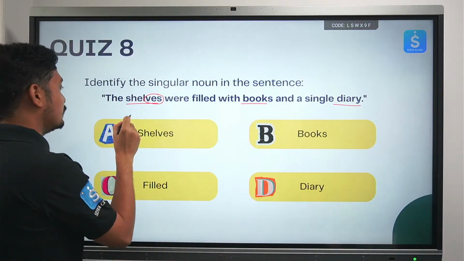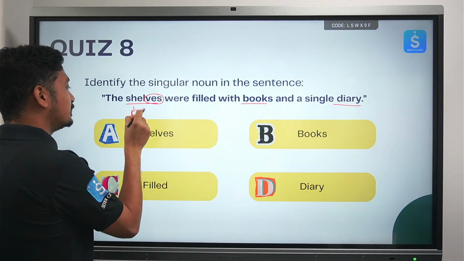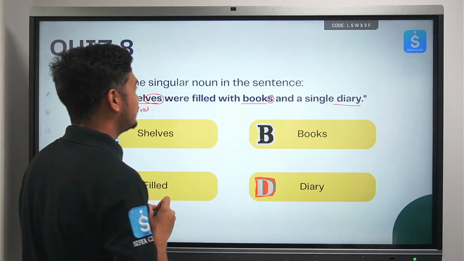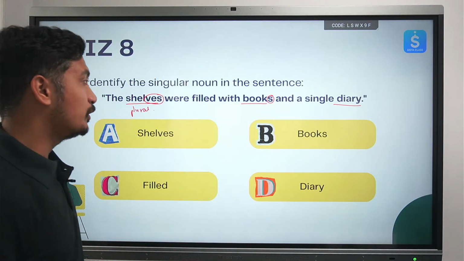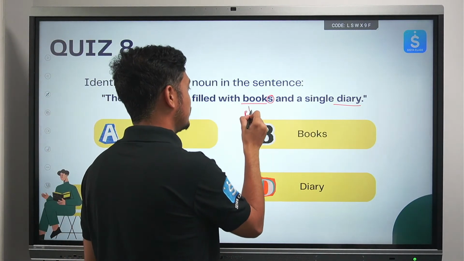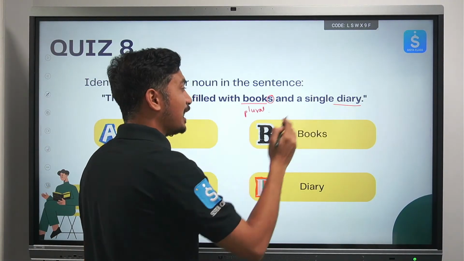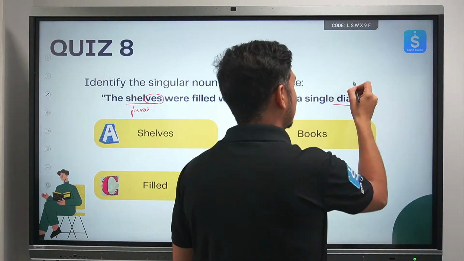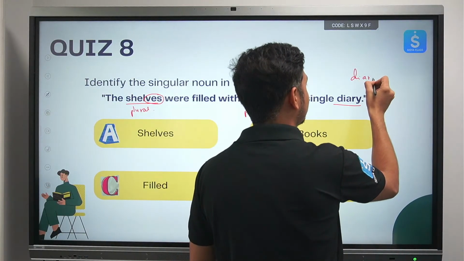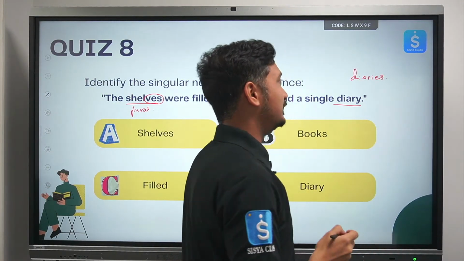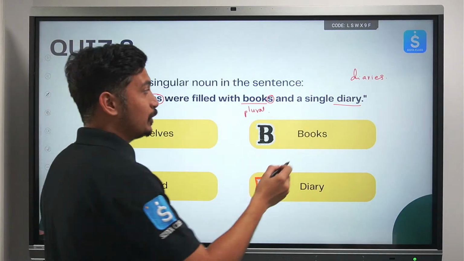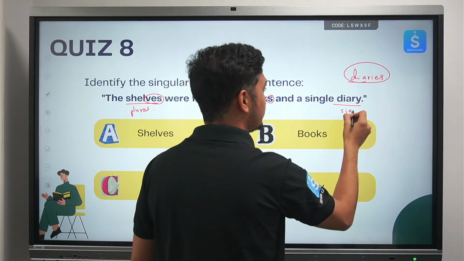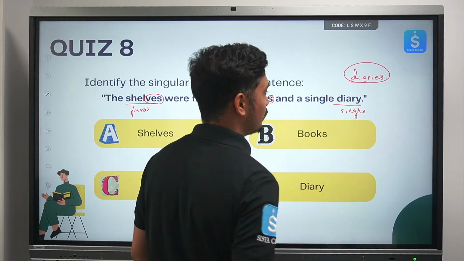Okay, and therefore I'll just write it over here that this is plural. The S in books is signifying that this is also a plural form. So I'll say plural. Diary. What is the plural form of diary? That is diaries. Diaries, right? So because this is the plural form, it's very evident that this will become the singular form.